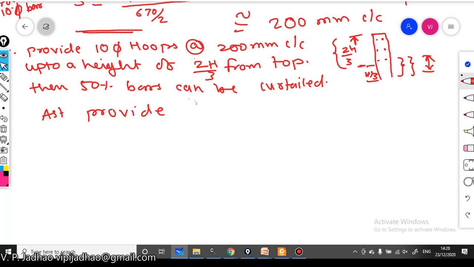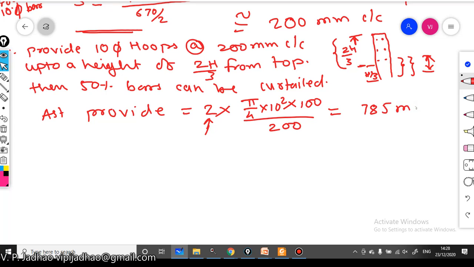Therefore AST provided will be equal to 2 into pi by 4 into 10 square, multiplied by 1000, and the spacing we are providing is 200 mm. Why the multiplier factor of 2? Because we will be providing this on both faces, that is inner and outer face. So this will be equal to 785 mm square.